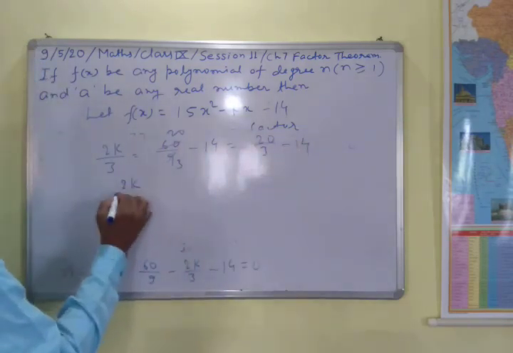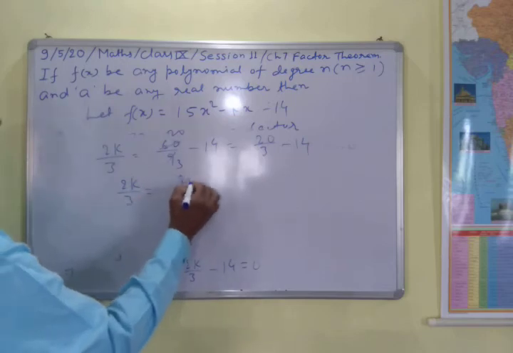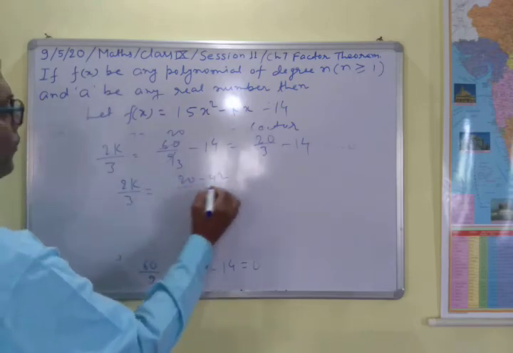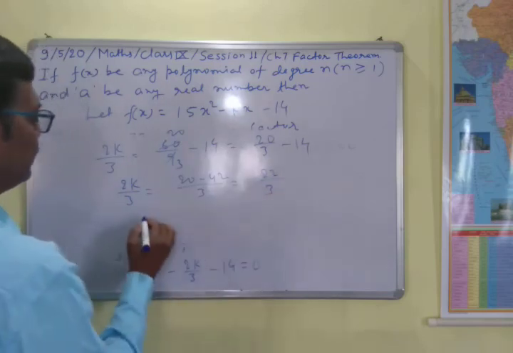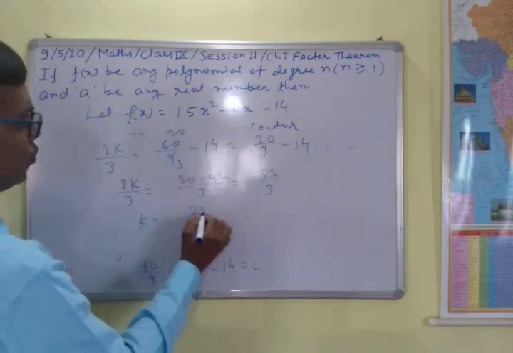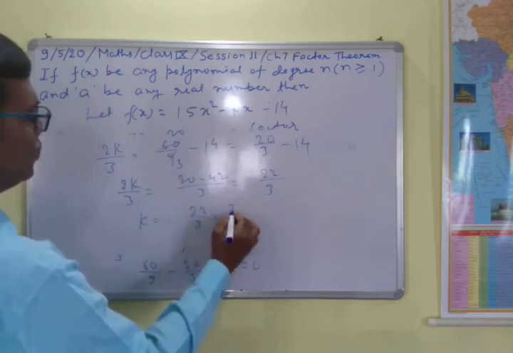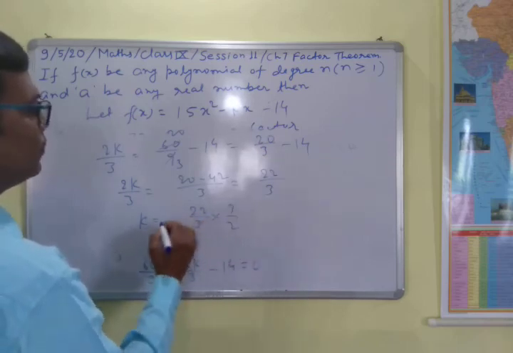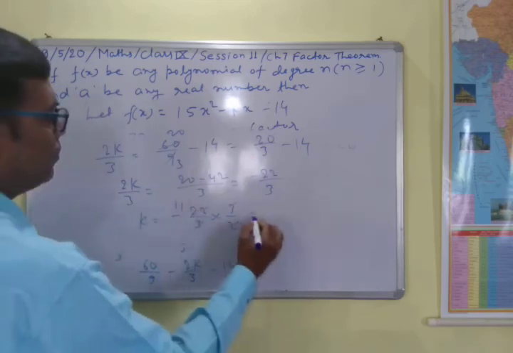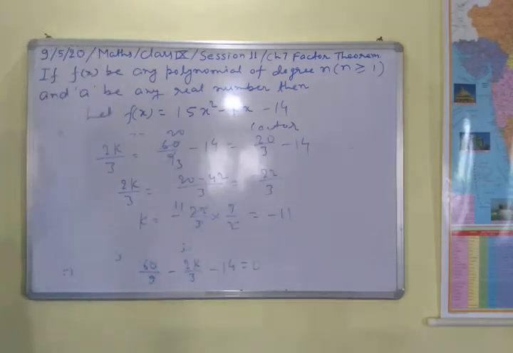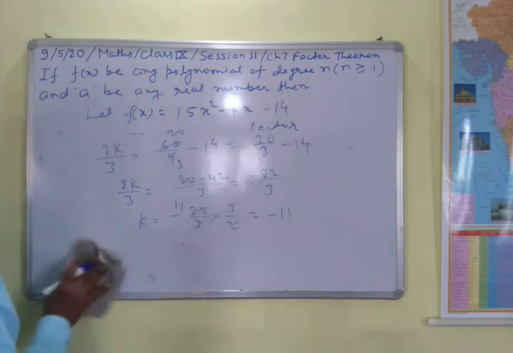So 2k by 3 equals (20 minus 42) by 3, then 22 by 3 into 3 by 2. It is actually minus here. So minus 11 is the answer of this question.